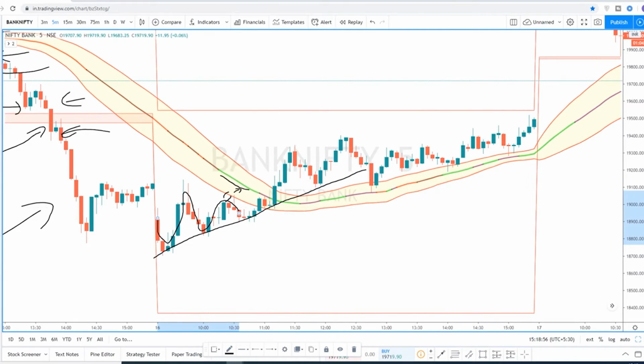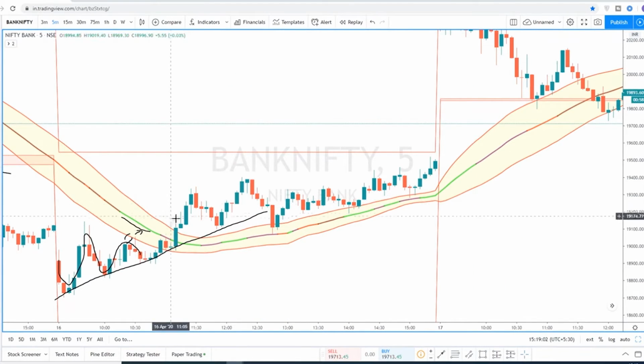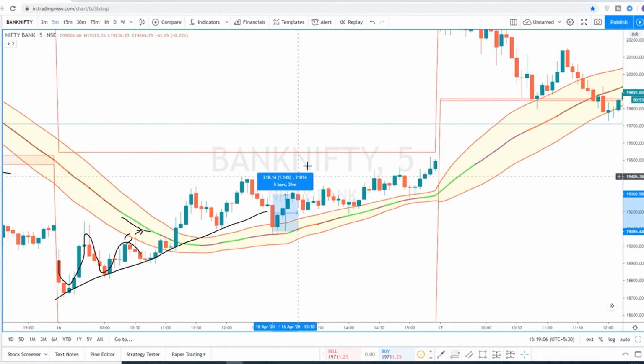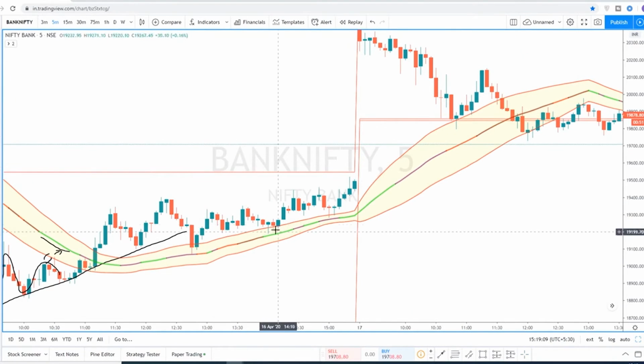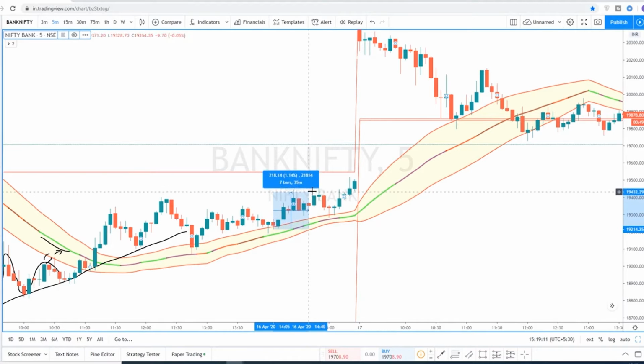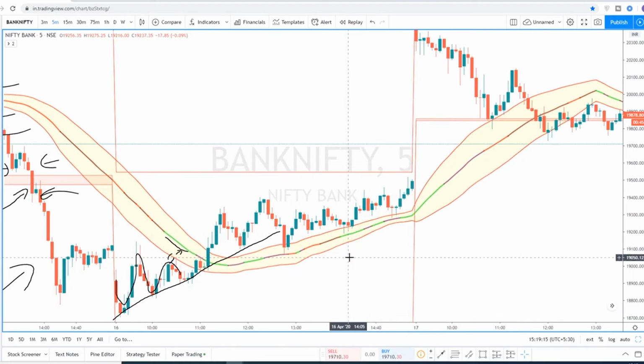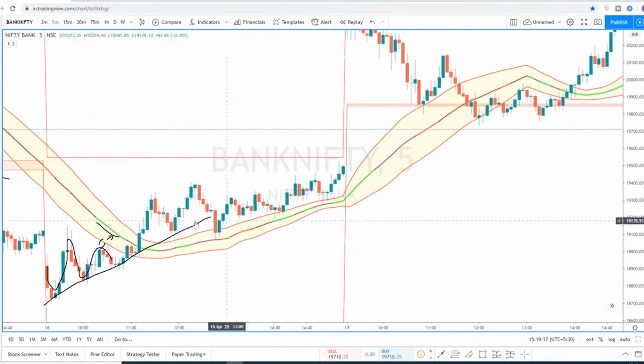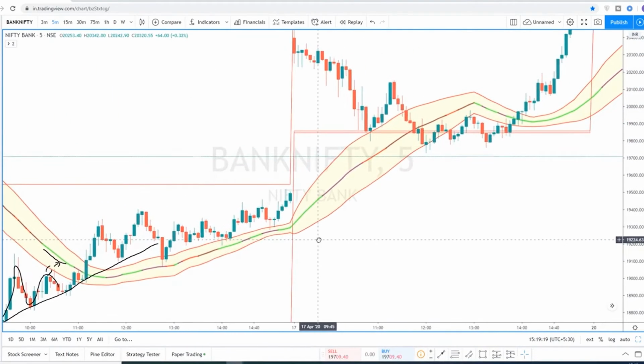Right after the zone it gave a profit of 200 points, and again there was a retest. You could enter again, 200 points, and again it touched the bands and went up almost 220 points. Very simple, isn't it? Very easy to make money in bank nifty with these zones in play.